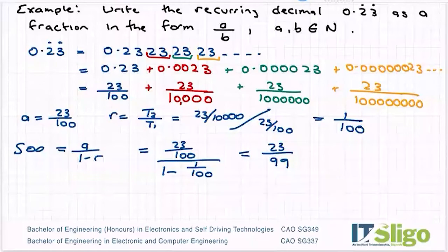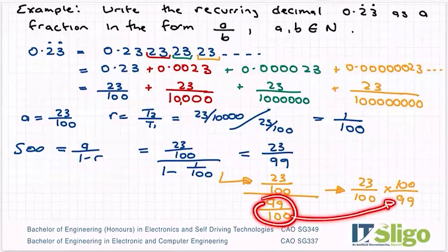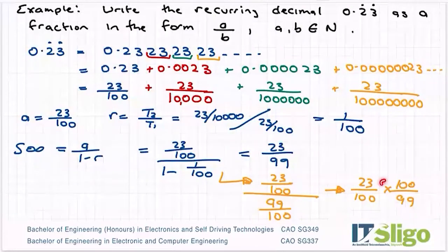Of course, we could have worked it out using fractions. So it'd be 23 over 100 over 1 minus 1 over 100, which is 99 over 100. This is for anybody who wants to improve their fraction knowledge. How do you divide fractions? You invert the bottom one and multiply. So you turn this one upside down, 100 over 99, and you multiply.